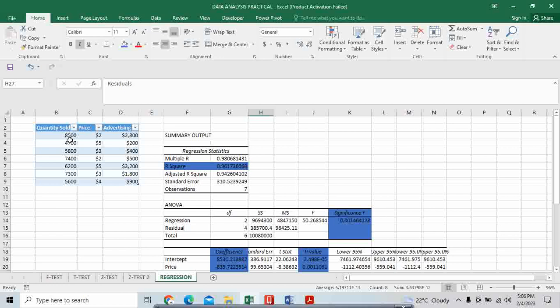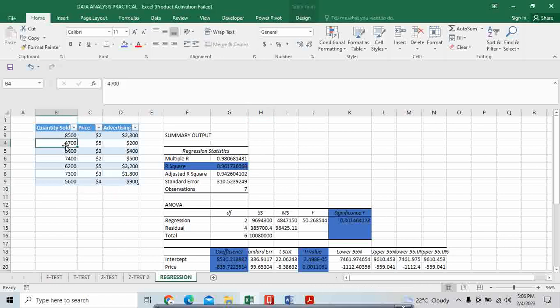We are going to sell 8,500 units at the price of $2. Then see the amount that we are going to invest in advertising. It is 2,800. It is big compared to 2 here. So we are going to retain more customers on this good that we are selling.